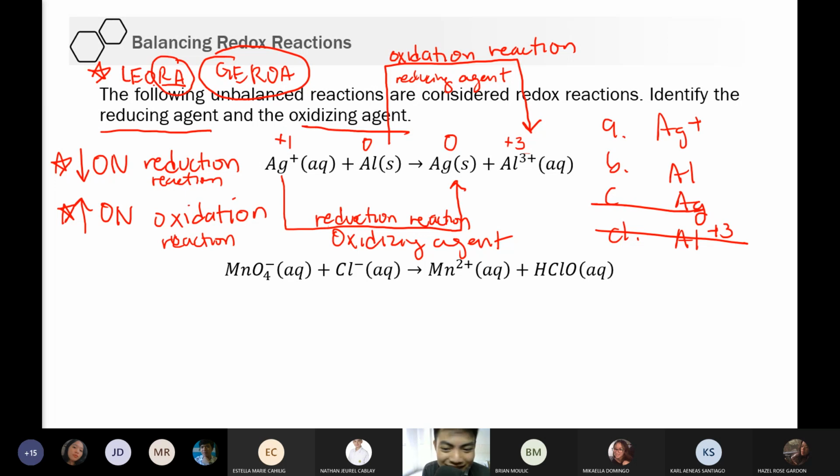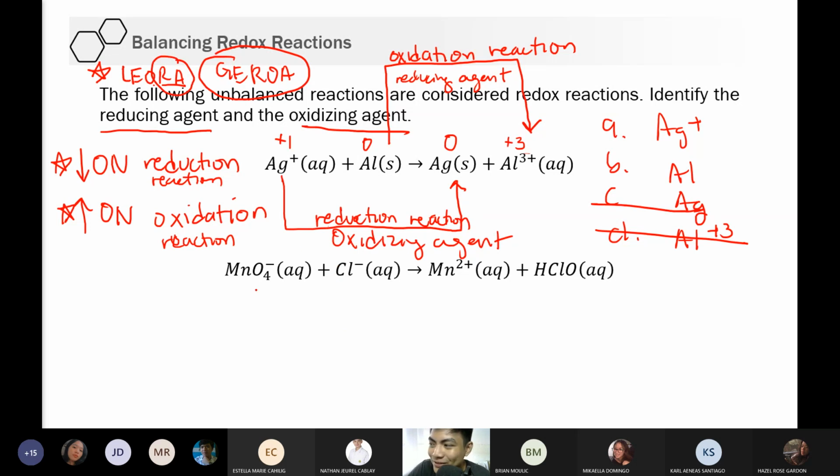Okay lang yan. Just apply the rules that we had, no, sa oxidation numbers. Okay? So, yan. Huwag kayong matakot pag ganyan. Just apply all the rules na sinabi ko kanina.